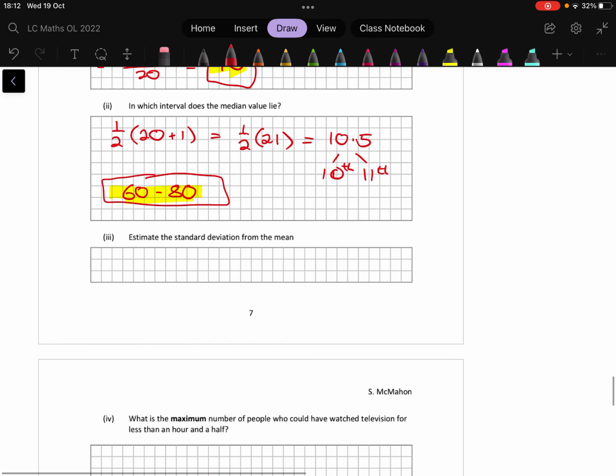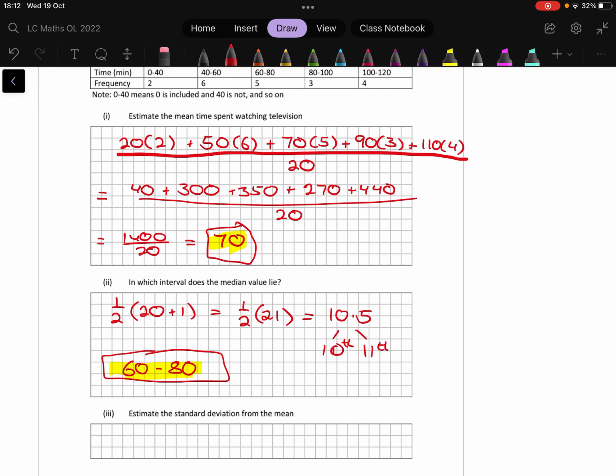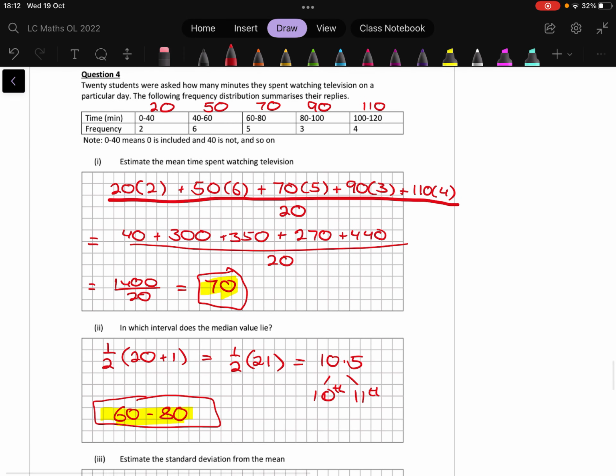The next part asks us to estimate the standard deviation from the mean. So this question is going to require us to go to our calculator and do some calculator work. So again, in the first column of your table, you're inputting your mid-interval values, because we cannot input those class intervals.